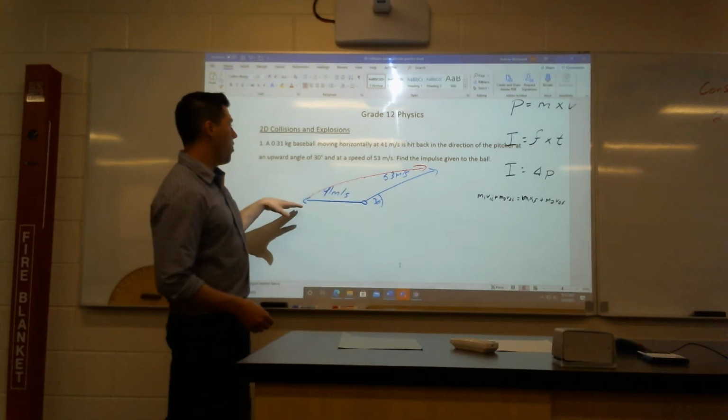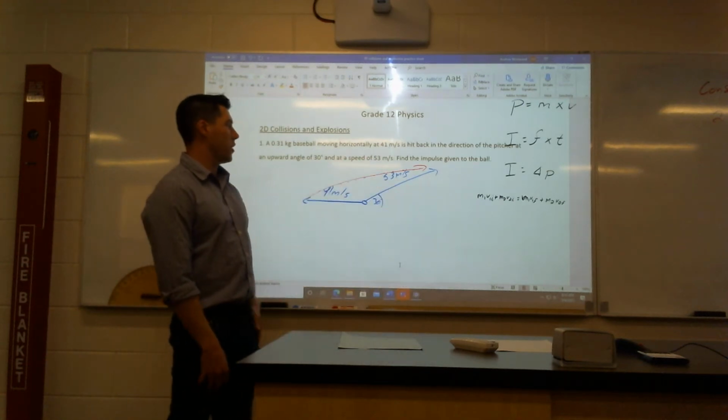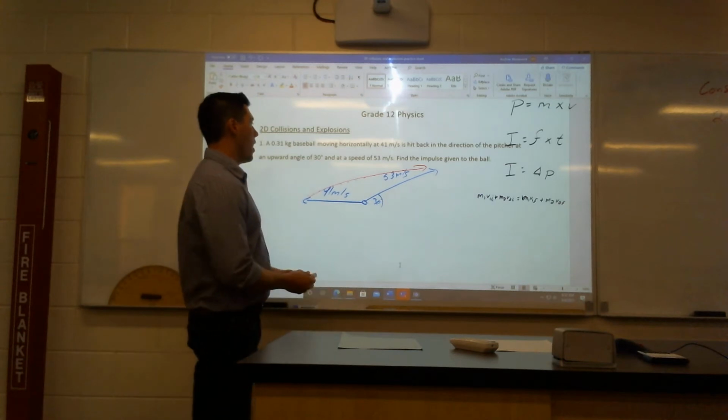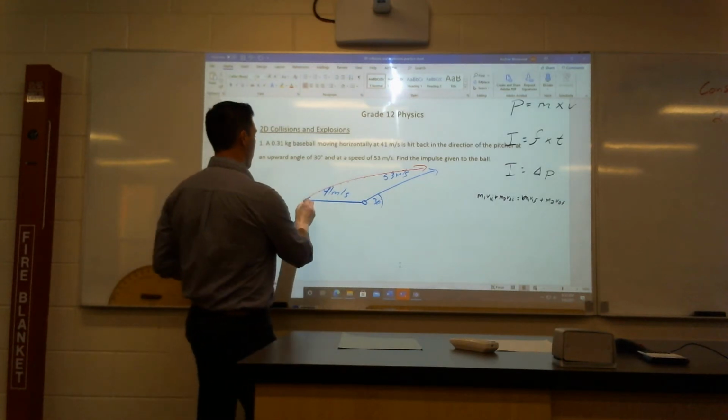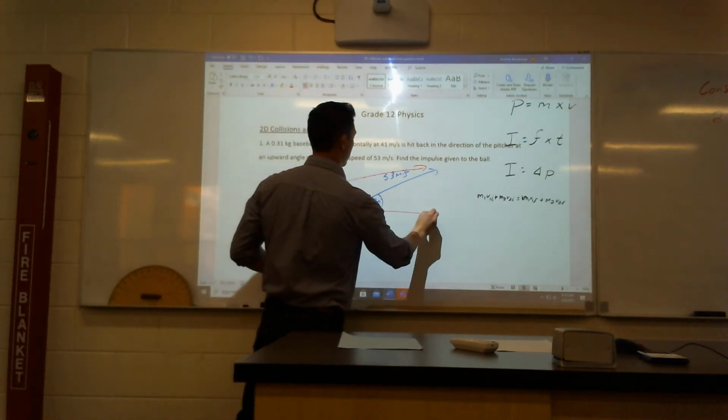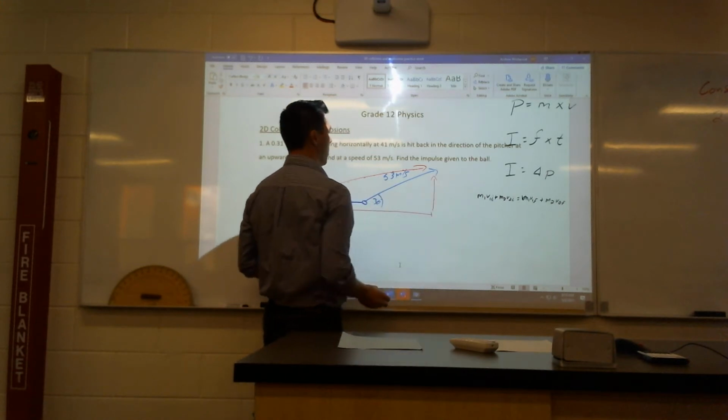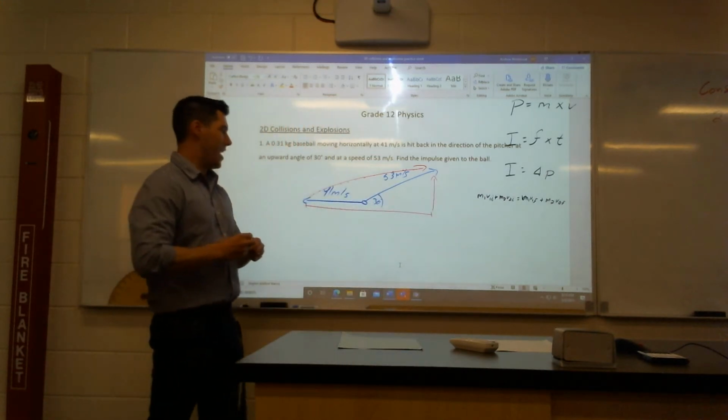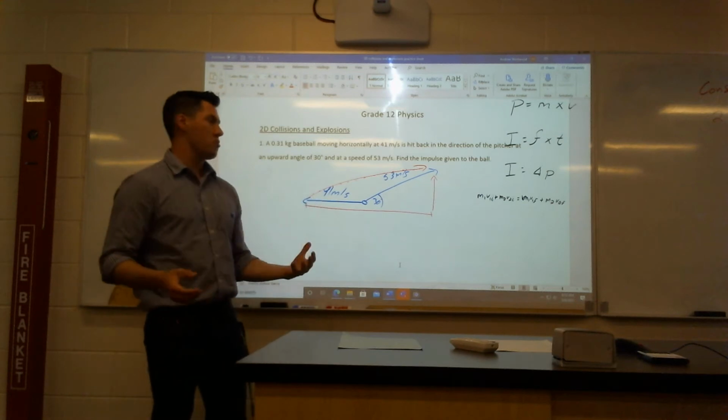So I need to know this magnitude and this direction. What I need to find is this X component and this Y component. Those are the two things I'm going to need to find the change of momentum.